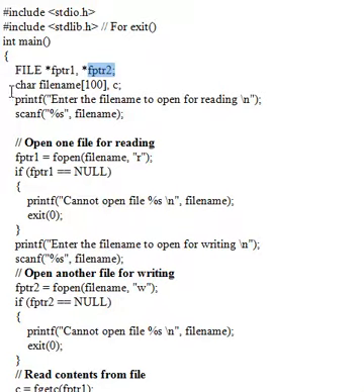Next, char filename[100], c. So filename is one array with size 100, data type is character. c is one variable which is character data type. So in this array we can store the file name. In this variable we are storing individual characters.